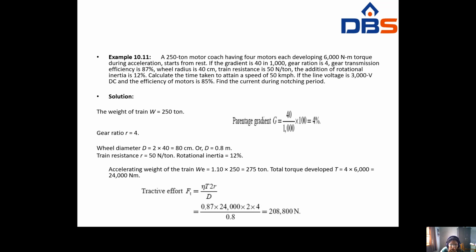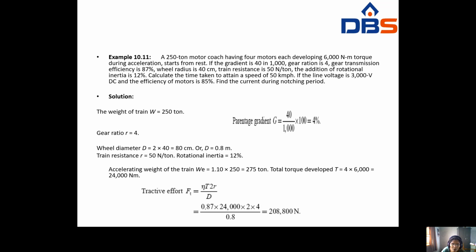Now we have to find the alpha value. The accelerating weight of the train: you have to multiply the dead weight by 1.10, so it becomes 275 tons.